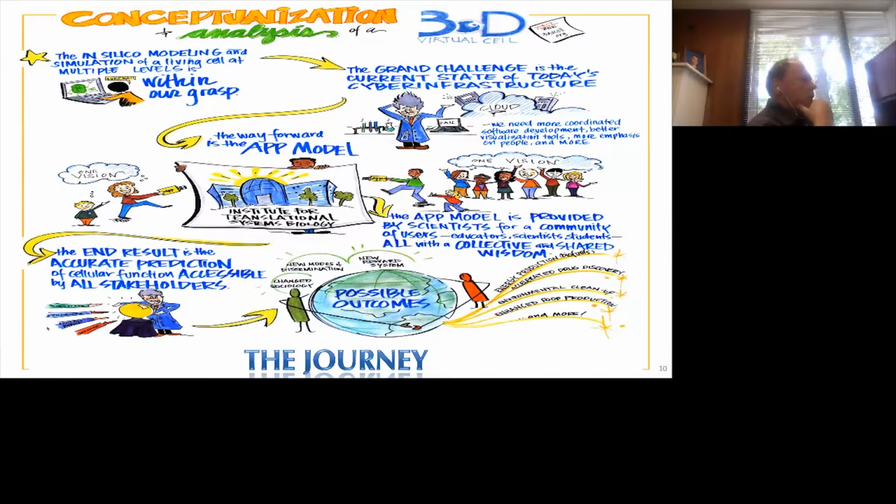That requires new reward systems, dissemination models, a changed sociology, but the outcomes, obviously, on the bottom right there, could be many and significant, and you can almost imagine anything coming from these. So it's a very exciting time.